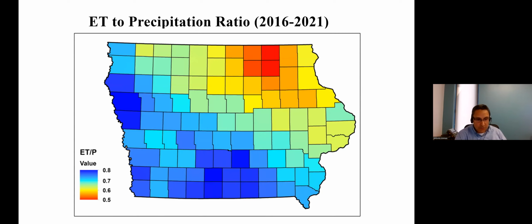dry conditions. But again, one might take away the wrong message here, because you can say that, well, overall, as far as water needs, we are in good shape, because even in the driest parts of the state we are receiving up to closer to 0.8, meaning that evapotranspiration is only up to 80% of the precipitation.